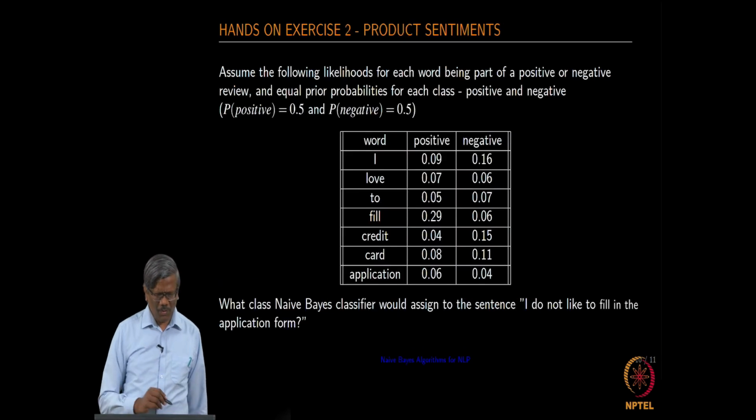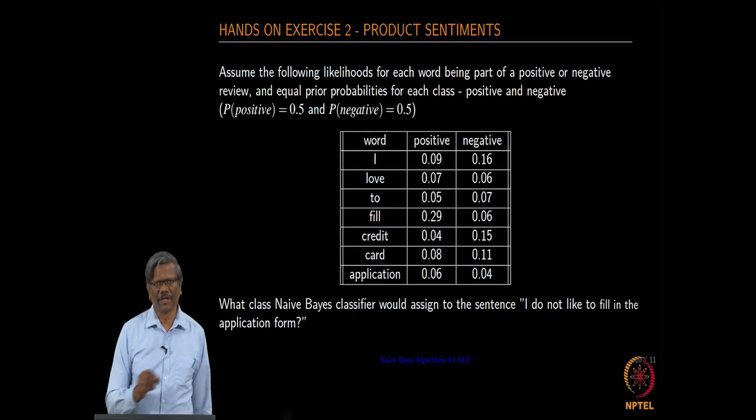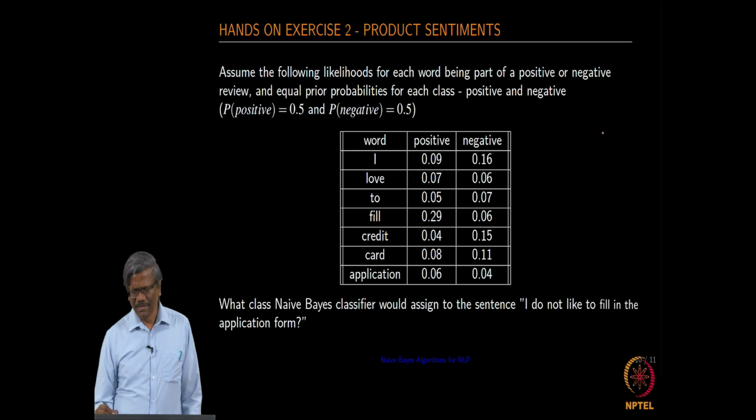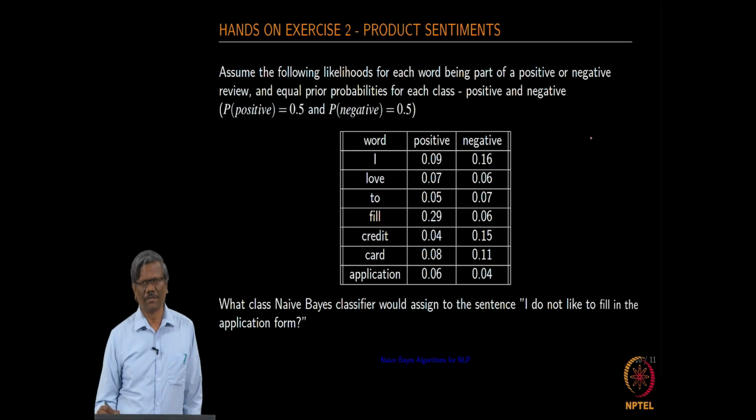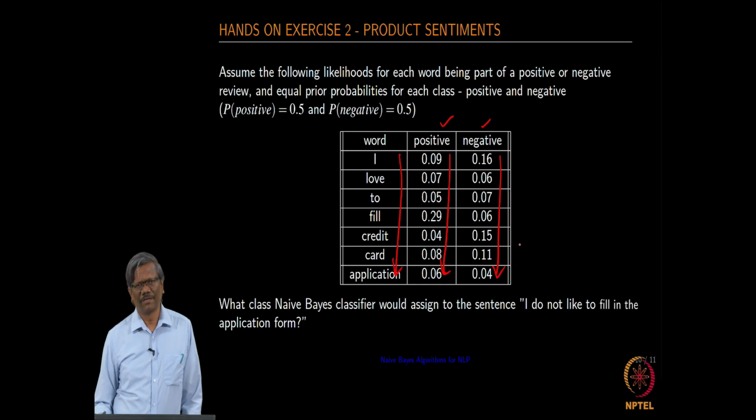Okay. So, there is one more problem also that I have given. So, in this case again it is a sentiment analysis, a positive or a negative review. So, again to make your life easier, I have given 2 classes and the vocabulary and the values corresponding to each class.